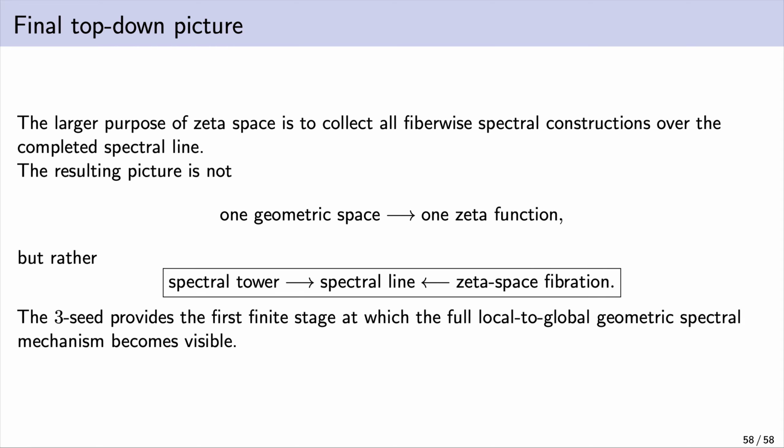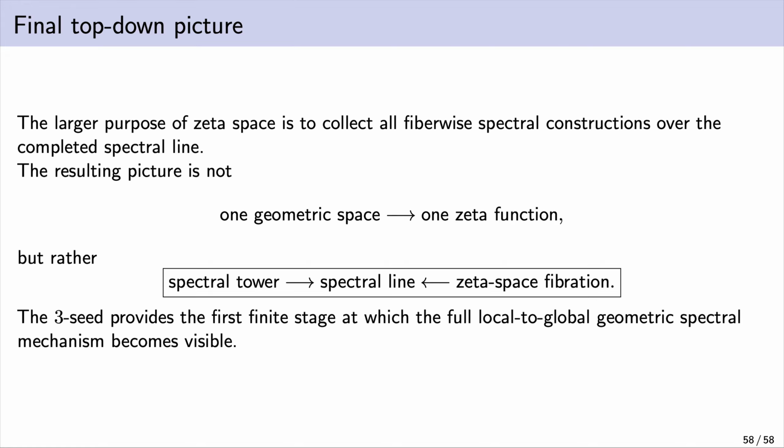So the final picture, the larger purpose of Zeta, and this is a very top-down picture, which I implemented on purpose just to go from the most general things that this framework predicts down to the most minutia or smaller details and constructions.